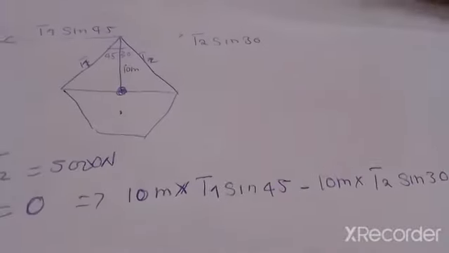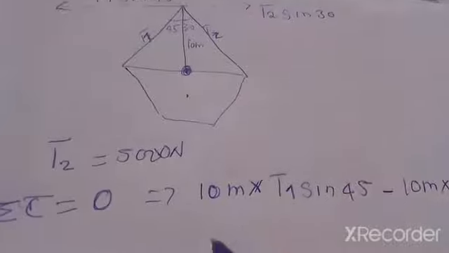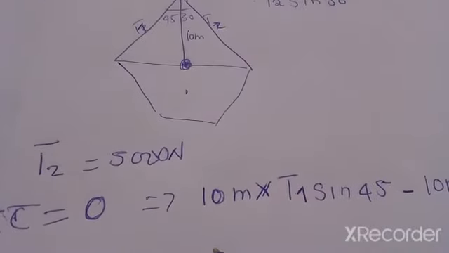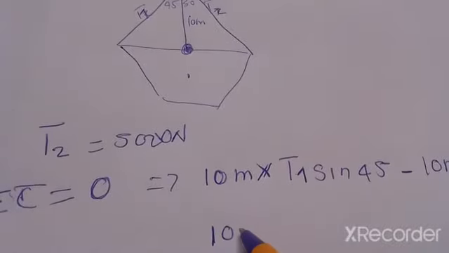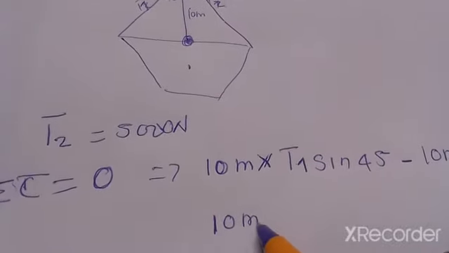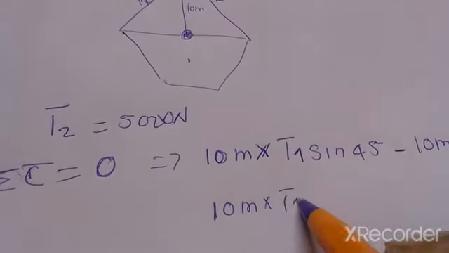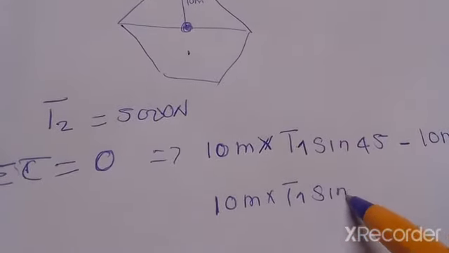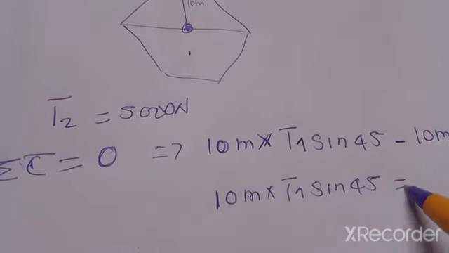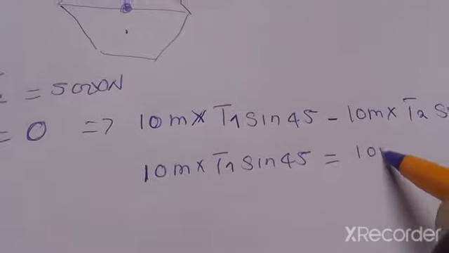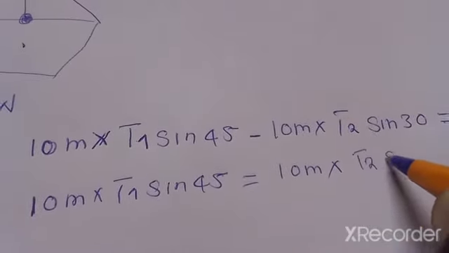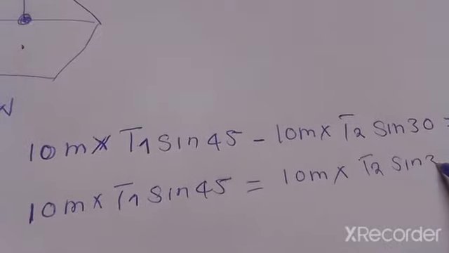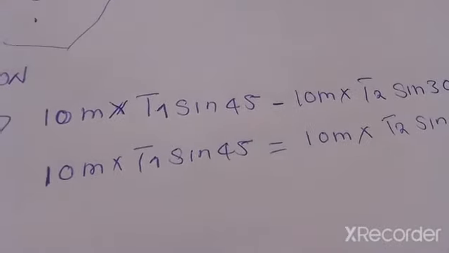Then we'll have 10 meters times T1 sine 45 equals 10 meters times T2 sine 30. Okay, that's what we have.